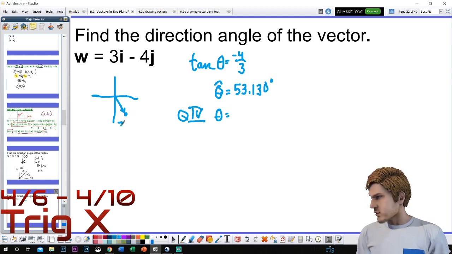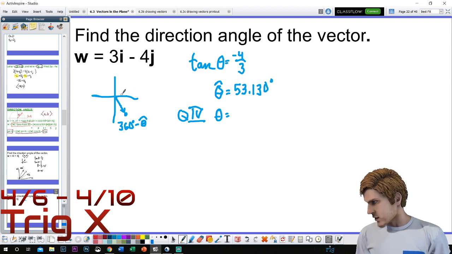I remember my formula for quadrant 4 is 360 degrees minus my reference angle. I remember that because in order to get there, I go all the way here, 360 degrees, and then I have to back up whatever that reference angle was. So this angle right here is 53, so I take 360, then go backwards or subtract 53 degrees.